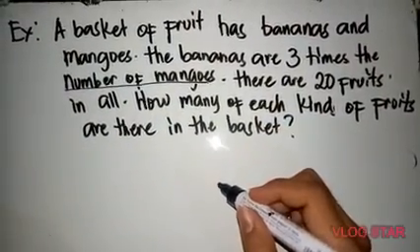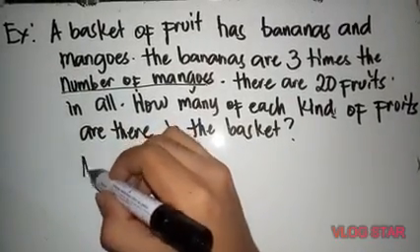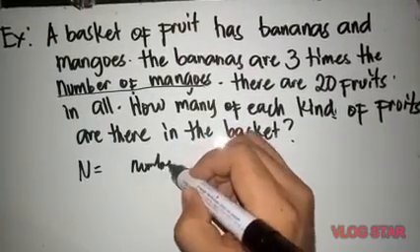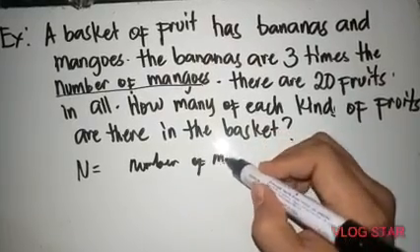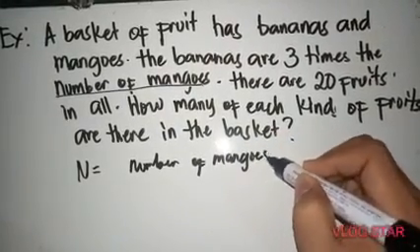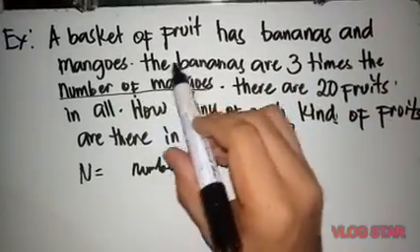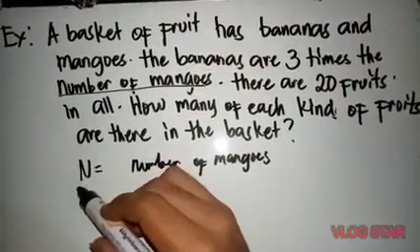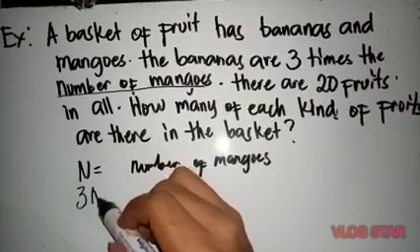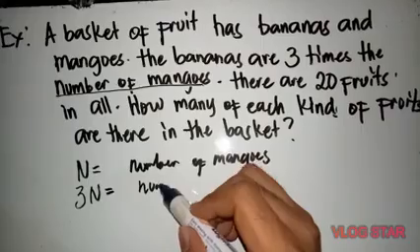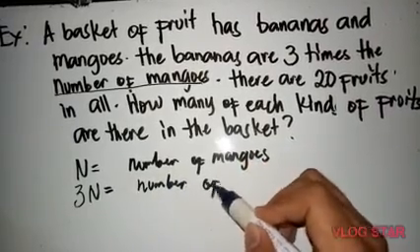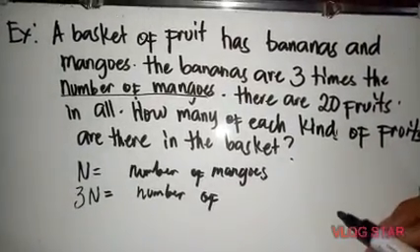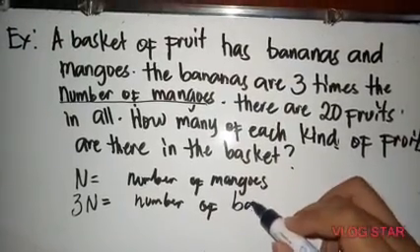Let's start with the number of mangoes. So let's say that the number of mangoes is n. And since the bananas are 3 times the number of mangoes, for bananas we have 3n.